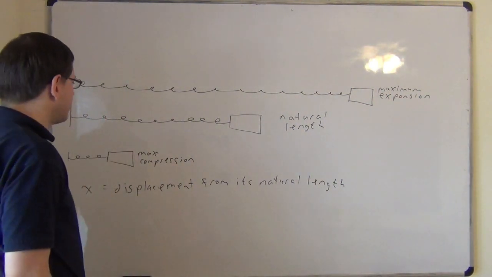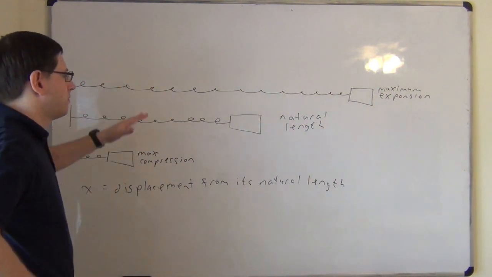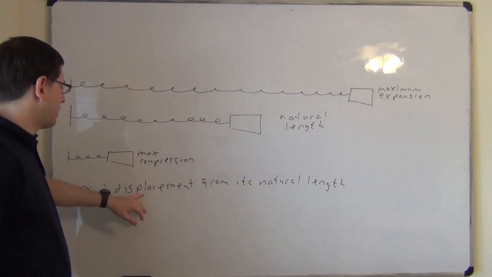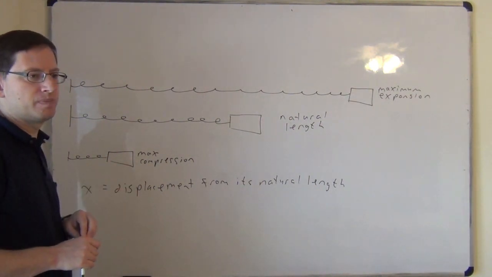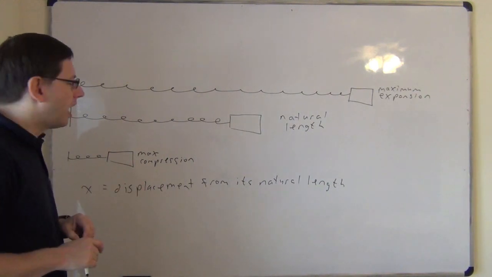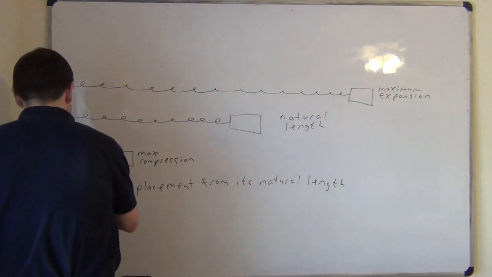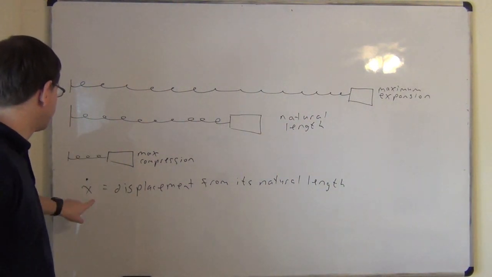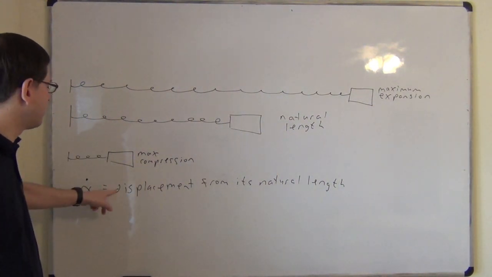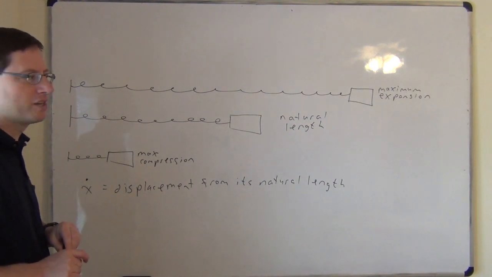Okay? And actually it turns out that for this part of the course, we don't really care about the displacement exactly. What we care about is the magnitude of the displacement as a positive number. So something I do in the videos is I like to just use a dot to stand for something that's just a magnitude. That's just a made up symbol. So what we'll focus on here is x dot, the magnitude of the displacement from the natural length.